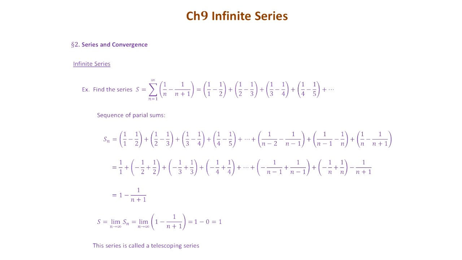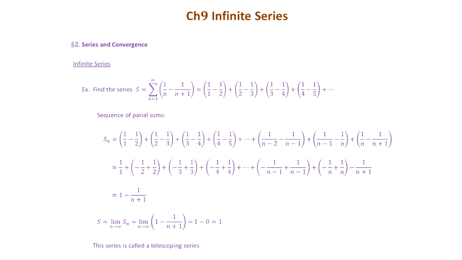So if you see, the second part of each term will cancel the first part of the next term. Like in the first term, you get negative 1/2 as the second part, and you get a positive 1/2 in the second term as the first part. So they cancel each other.